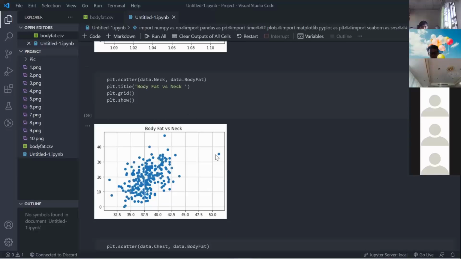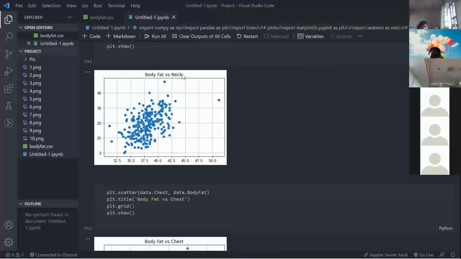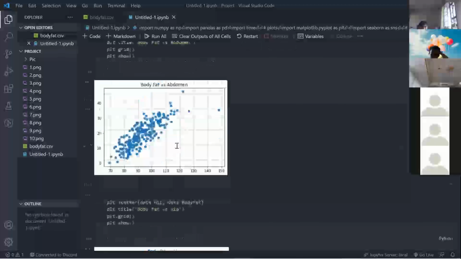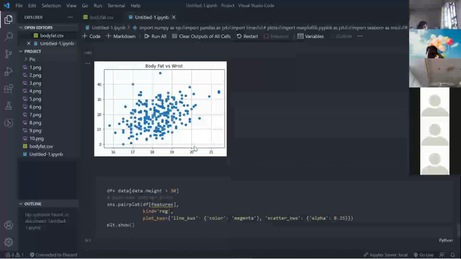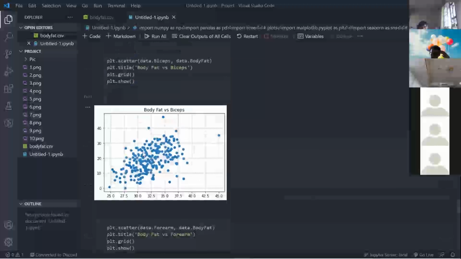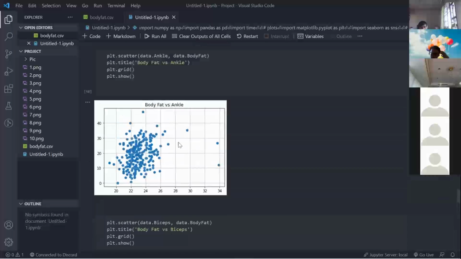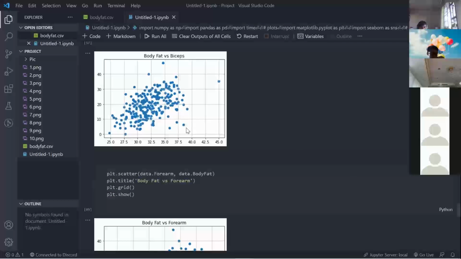So I looked at other plots for the circumference of neck, chest, and so on. Then I found there's no direct link between the two rows, but there's some kind of link between each. I did not do further analysis, but I think I can form a formula in the future.